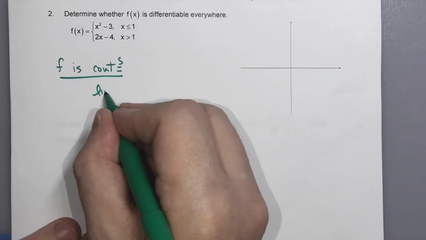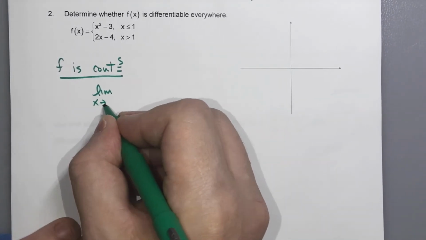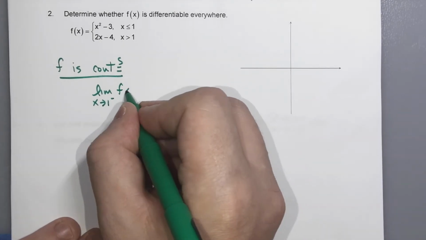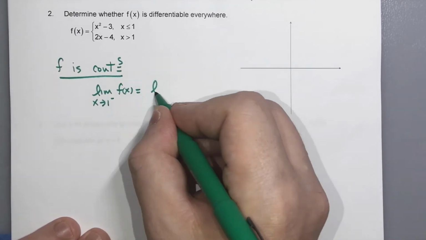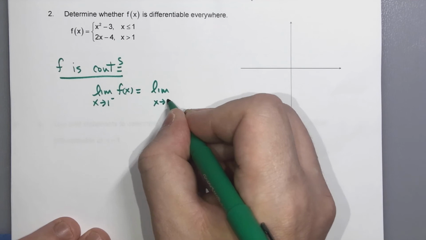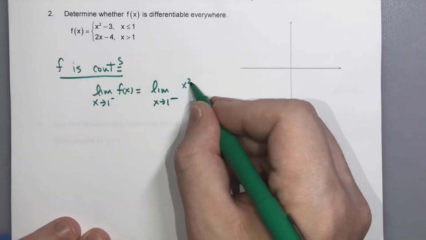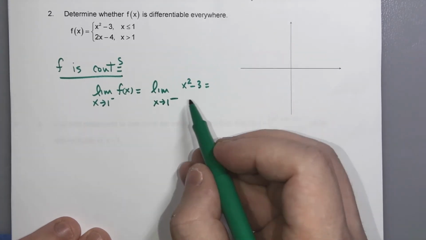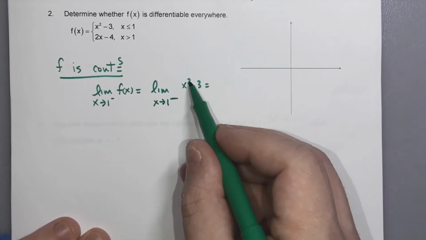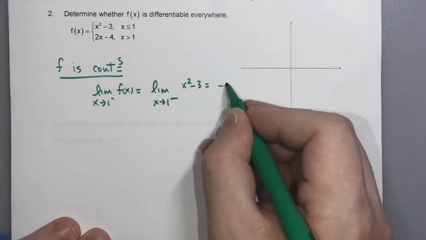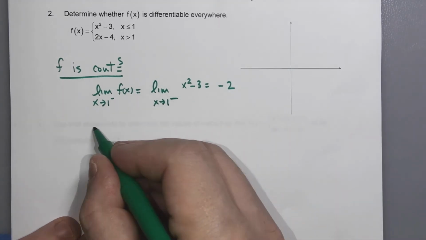So if we take the limit as x approaches 1 from the left of f of x, that means we are taking the limit on the left branch, which is the x squared minus 3. And if we stick 1 in here, 1 squared is 1, 1 minus 3 is -2, so this is equal to -2.